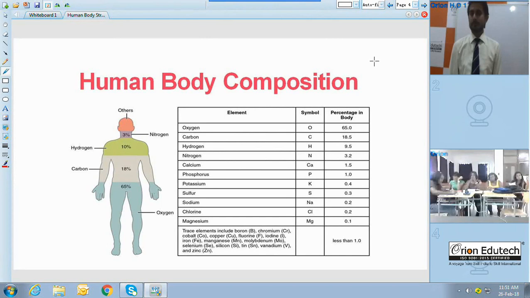You have written the amount of different elements. Okay.